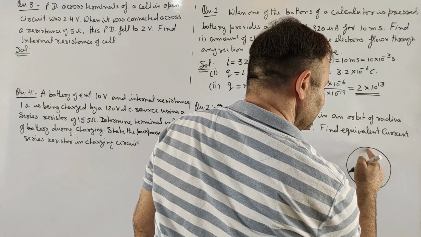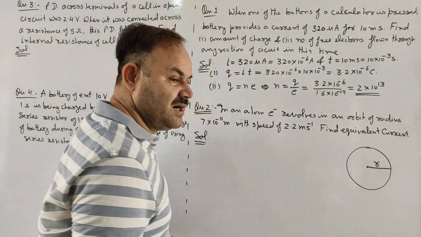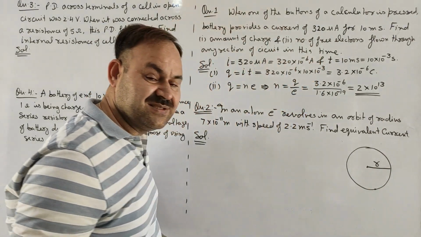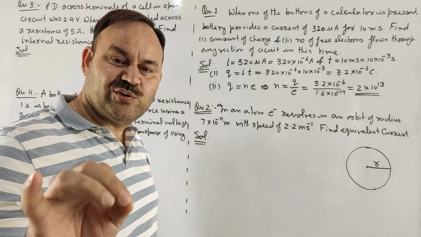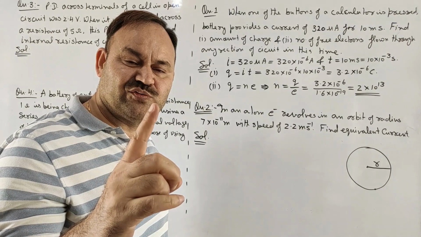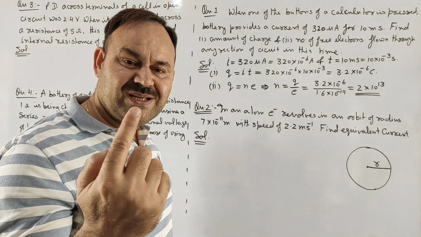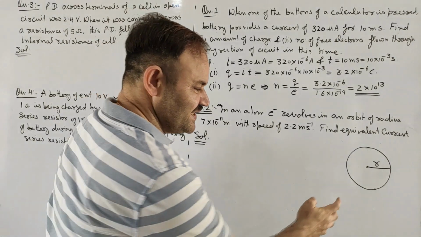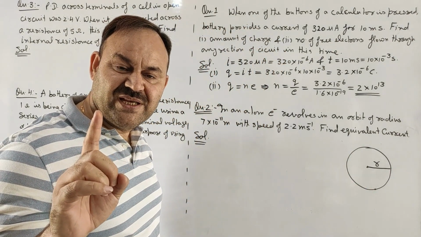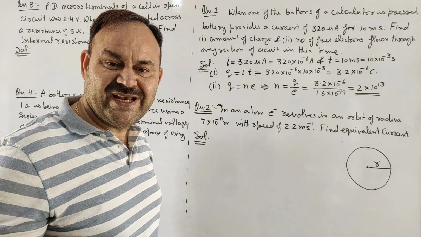Now, if an electron is revolving along a circular path of radius r, then it will be crossing each point on this circular path a certain number of times in 1 second, and the number of times a point is crossed by the electron will be equal to the frequency of revolution of the electron.